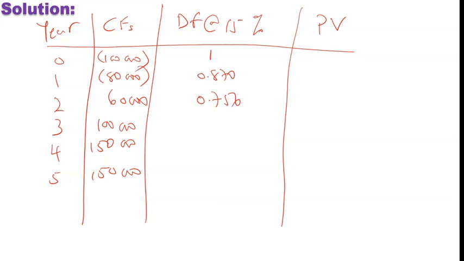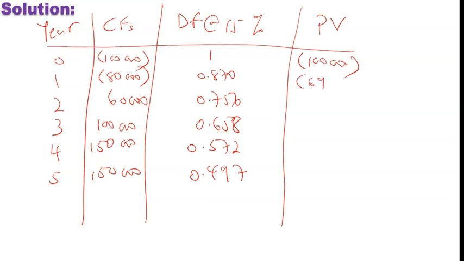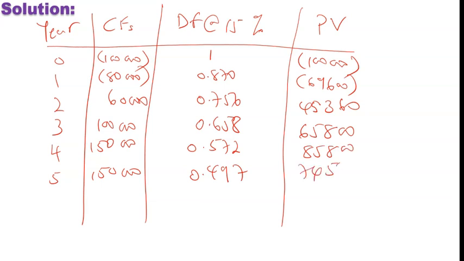0.756, 0.658, 0.572, 0.497. If you multiply across, this gives us negative 100,000, negative 69,600, and 45,360, 65,800, 85,800, 74,550.